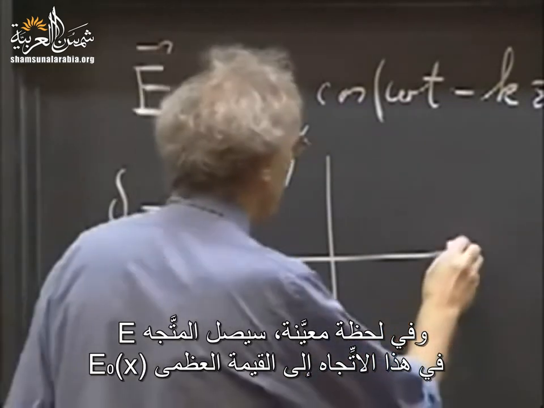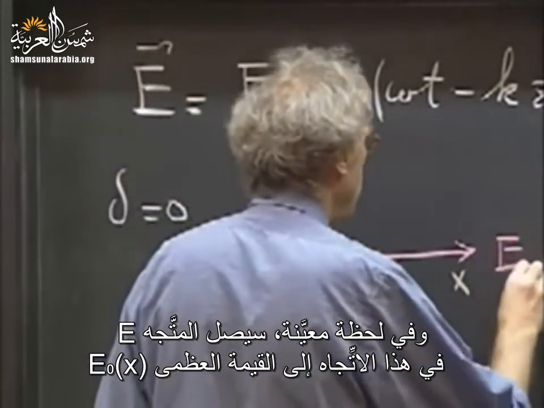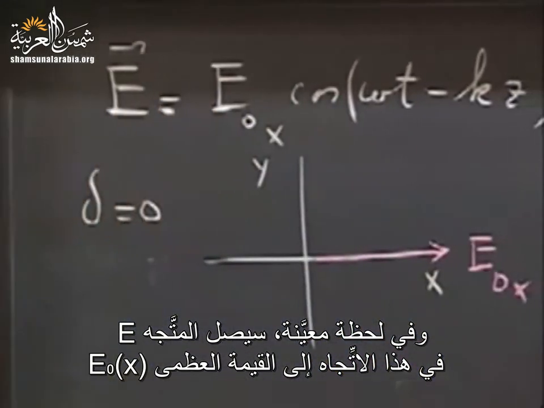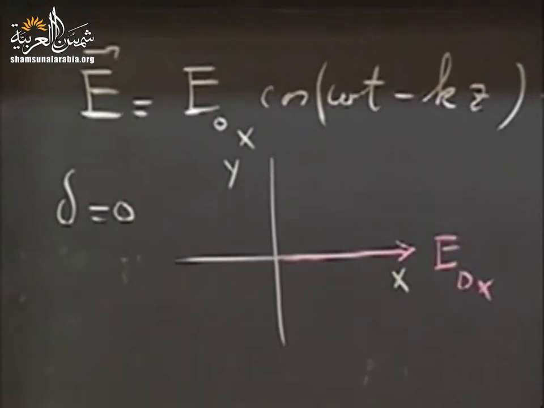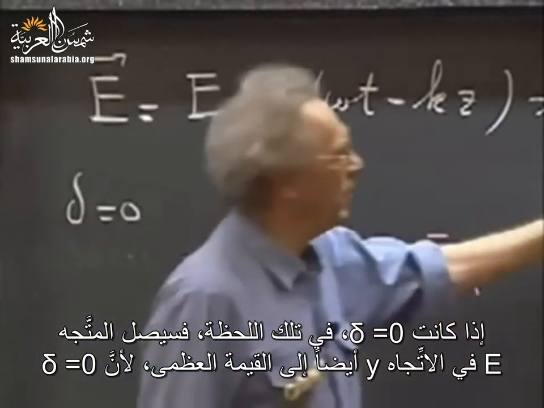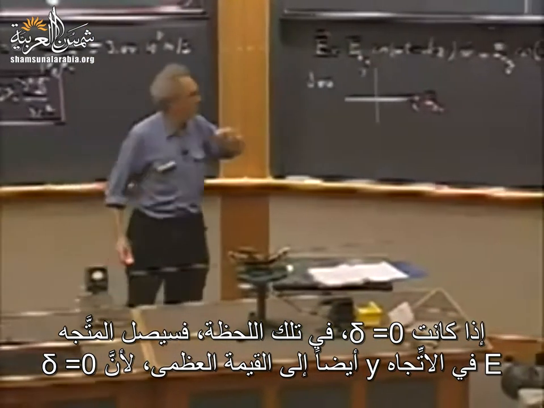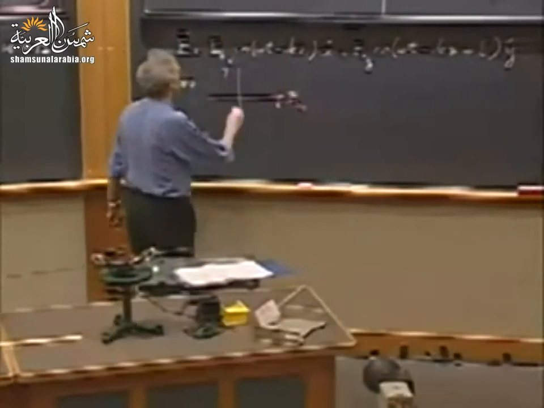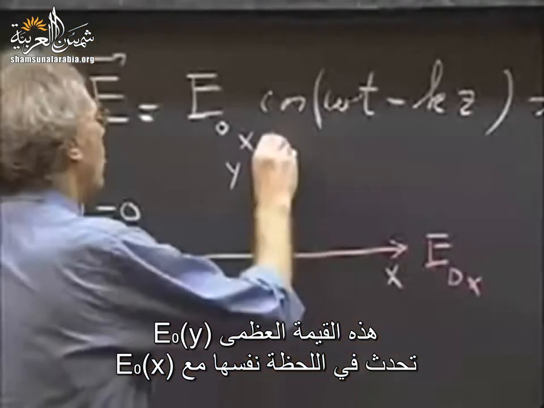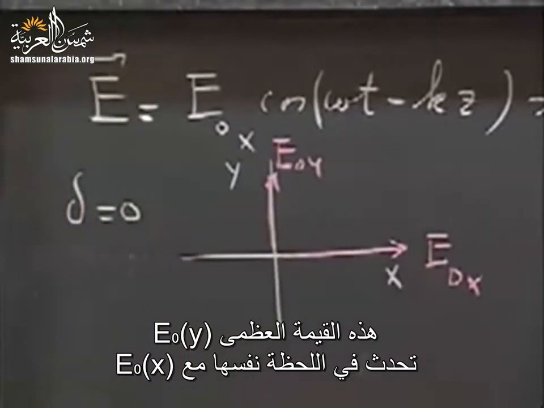At a certain moment in time, the E vector in this direction reaches a maximum, E0x. If delta is 0, that's the moment in time that the E vector in the y direction also reaches a maximum, E0y.